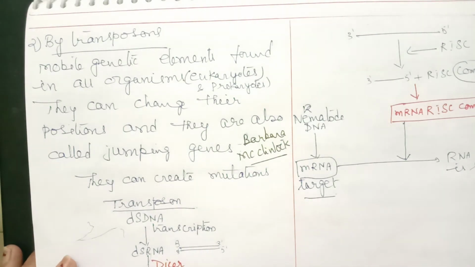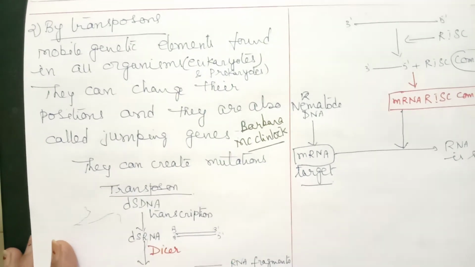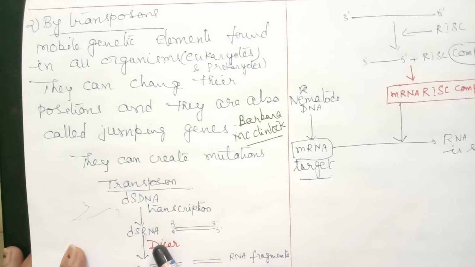Now, how can this transposon work as a defense mechanism during this technique? Transposons have double-stranded DNA. By transcription, it is going to produce double-stranded RNA.